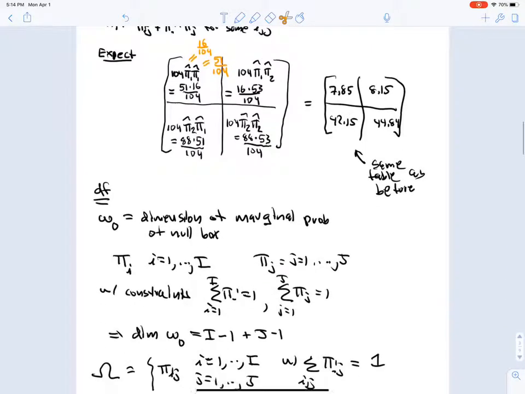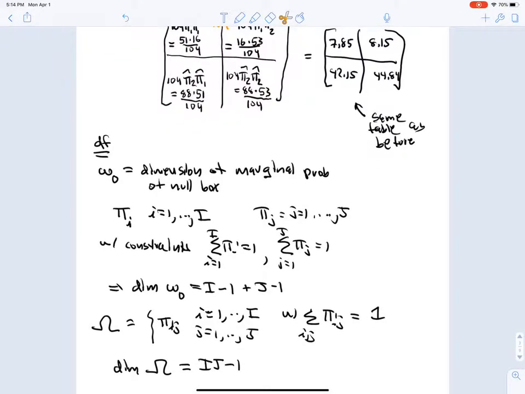The degrees of freedom is computed as follows. So we have omega naught, which is the dimension of the null space. What is omega naught?